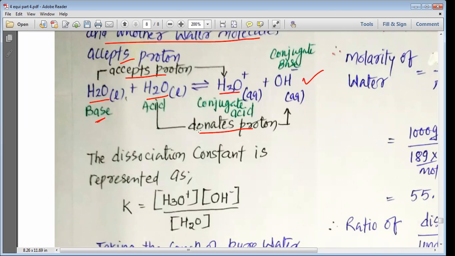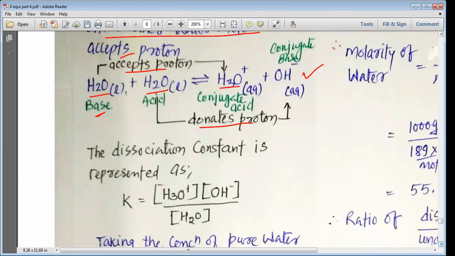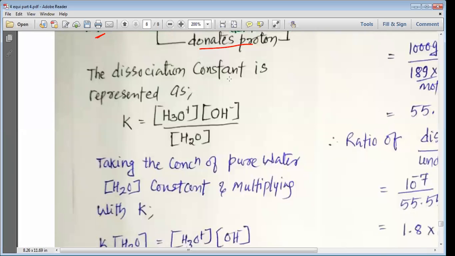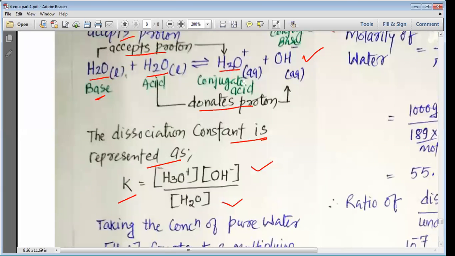Now you can see that if there is an equilibrium established between these, we can write an equilibrium constant. The dissociation constant is represented as K is equal to the concentration of products divided by the concentration of reactants. So for this equilibrium, we can write the concentration of H3O plus multiplied by the concentration of OH minus divided by the concentration of H2O.